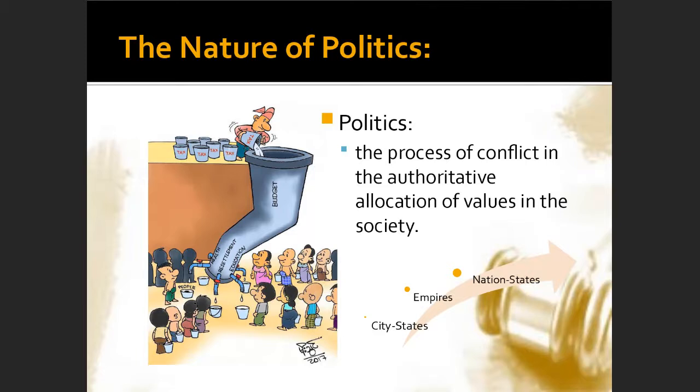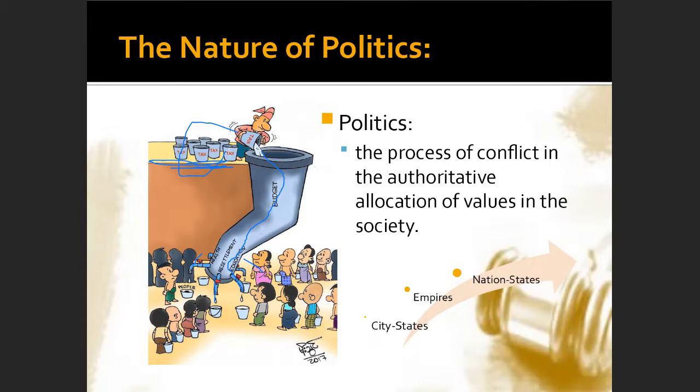So in the image that we have here, you have the taxes. With the pool of tax that we have, how are you going to spread it to people, because people have different needs? So, budgeting. And who will do that? It will be those who are in authority.